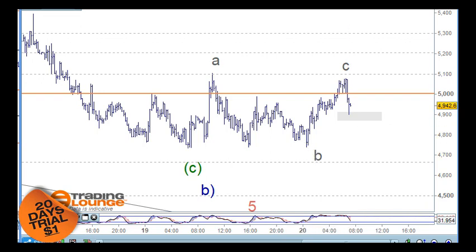But what we can do is this move up through here, at the 61.8% mark, coming back into this level, which is just below the 4,900. If that area became the retested resistance, then we can go down further from that.